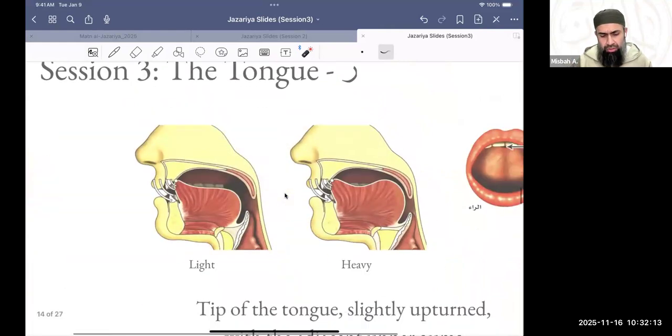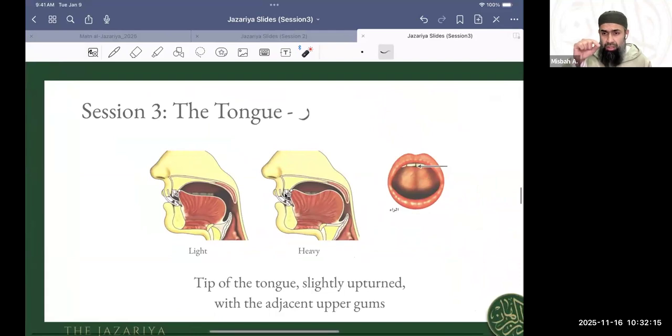And this is what he called لِظَهْرٍ أَدْخَلُوا. ظهر, the back of the tongue, if we can think of it. If this is the top, this is the front, and this is the back. لِظَهْرٍ أَدْخَلُوا, a little bit back, a little bit in. Adkhal.